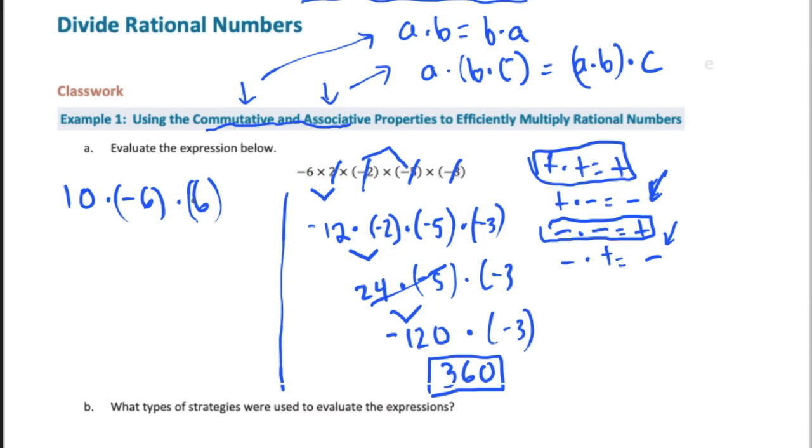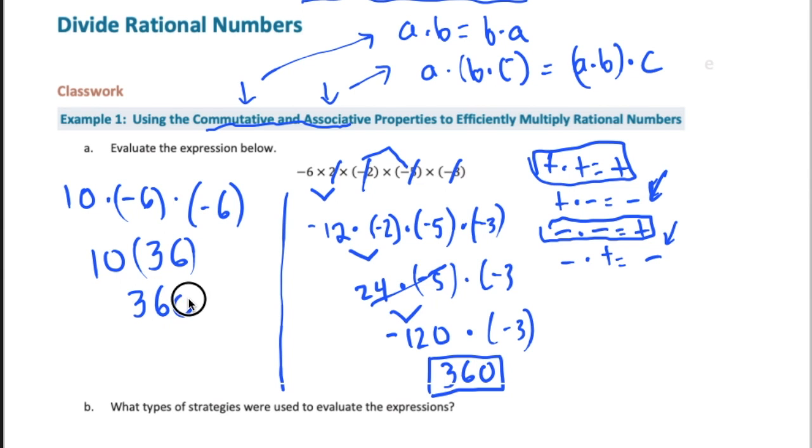So as you can see, I left myself a negative times a negative, which will be positive 36, and I left this 10 like this because 10 times 36 will be 360.